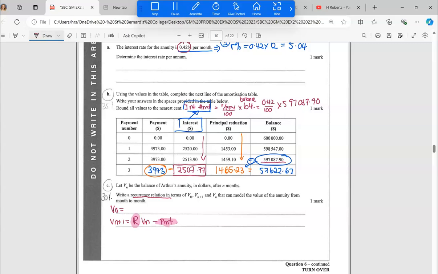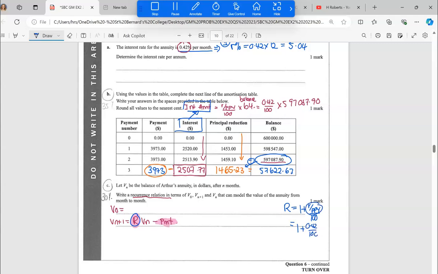All right. So I'm going to work out this R, which, if you look on the sheet, is the rate over PPY over 100. So if you look at that, it's 1 plus, once again, we already know that's 0.42 divided by 100.